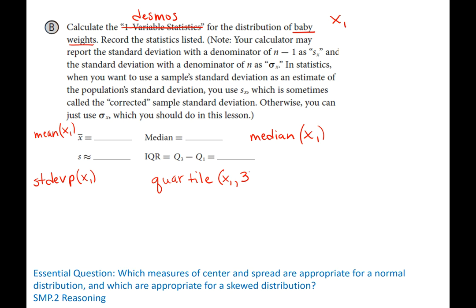That's saying quartile 3. So X1, comma 3. Then you're going to say minus quartile X1. I apologize, our list is X1. And then a nice comma, and then 1 to say quartile 1. Okay. And that will give you the values you need in order to do B.